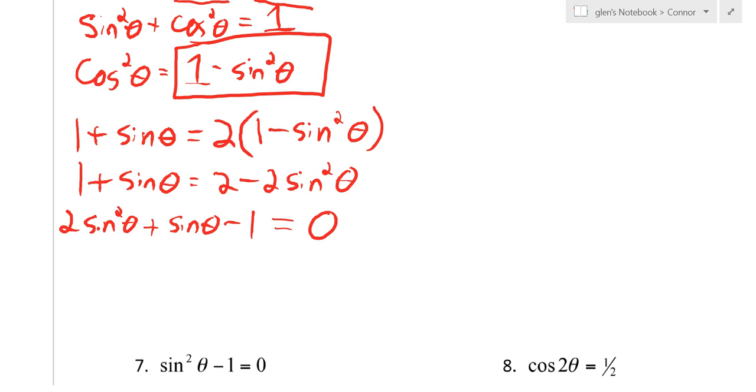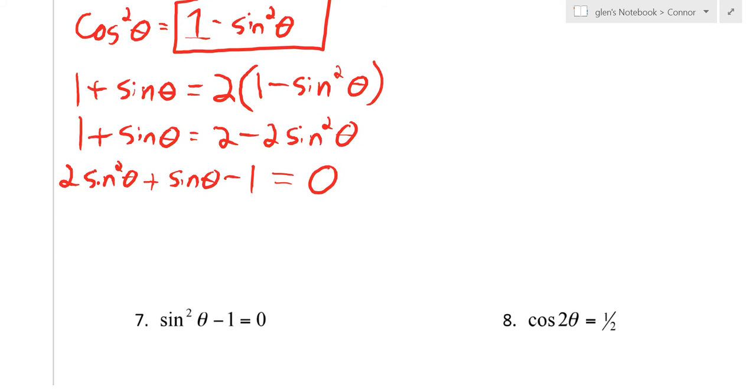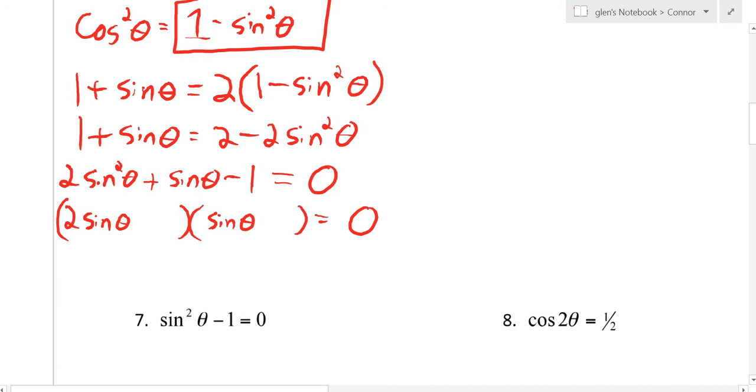And now this looks like a quadratic, but instead of having like 2x squared plus x minus 1, we have sines in there. We factor it just like they were x's. So there's going to be two sets of parentheses, and it's going to be 2 sine theta. There's going to be a sine theta here. And we got to make sure we factor it correctly so we get that plus 1 sine in the middle.